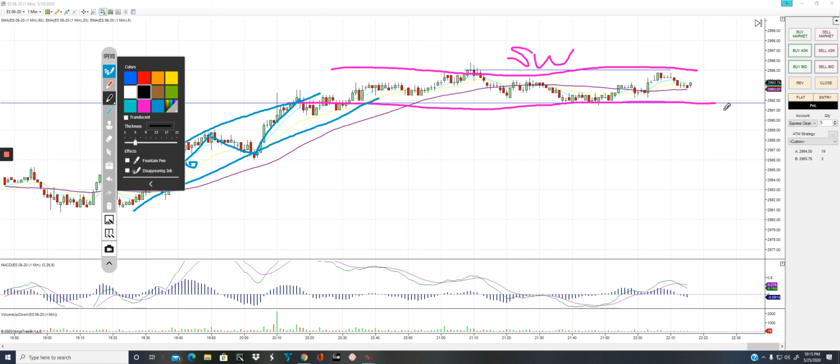So there potentially can be another trend right here. There can be another trend right there. Or we can have a new uptrend break off from here and go this way.